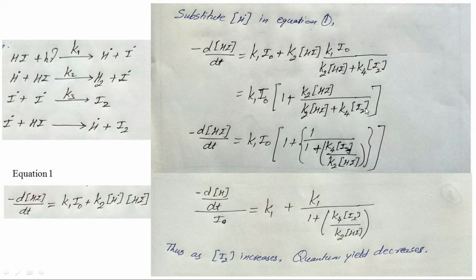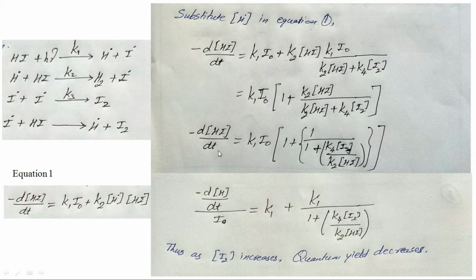As we can observe, in the second term on the right hand side within the bracket, K2 HI concentration is repeated. So let me divide the numerator and denominator of this term by K2 and hydrogen iodide concentration. So I am going to get this equation.